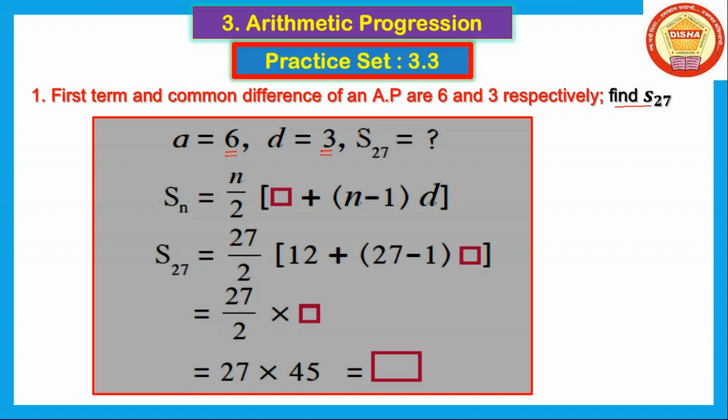Then we have to find S27, the sum of the first 27 terms. The question is asking to find the sum of 27 terms, and a and d are given.